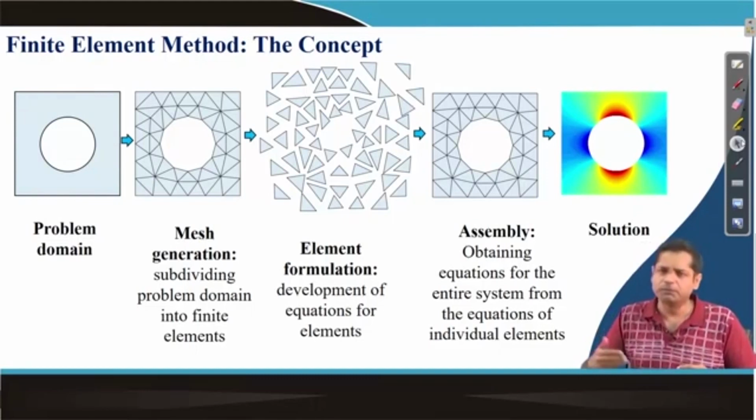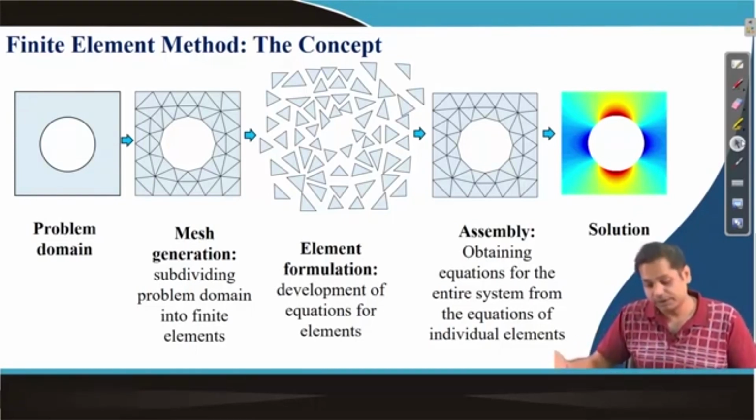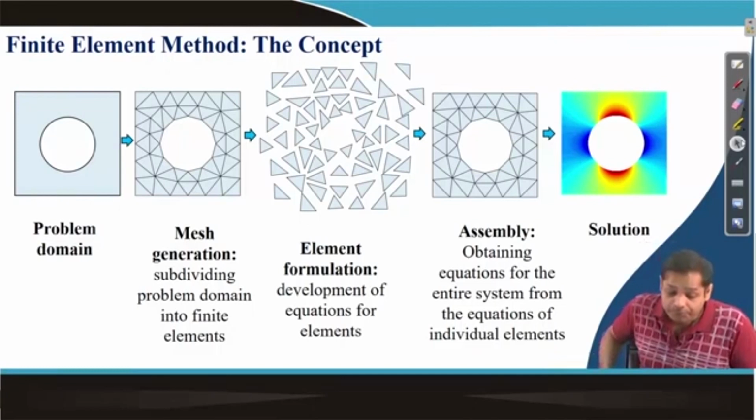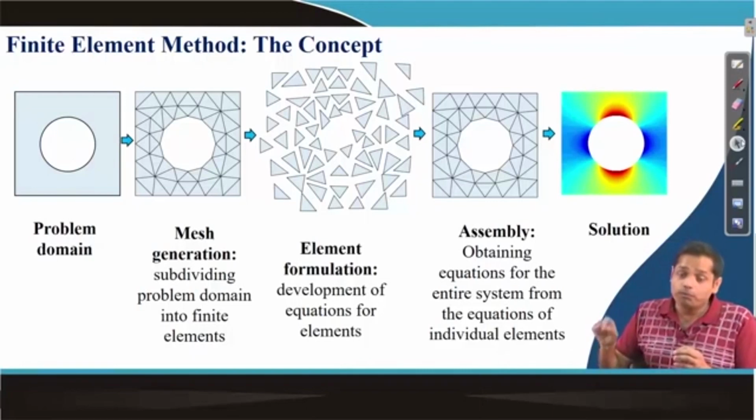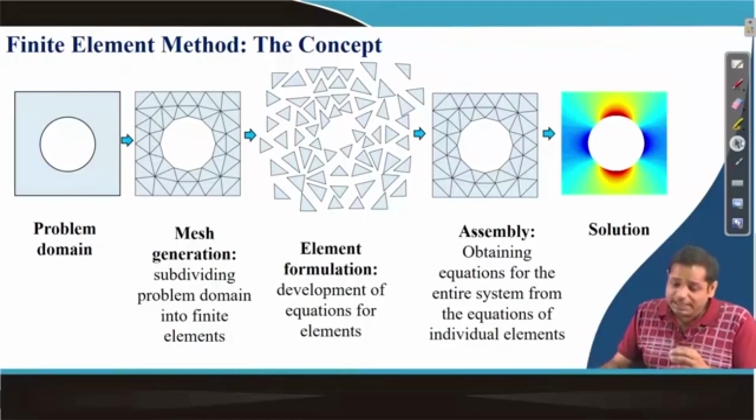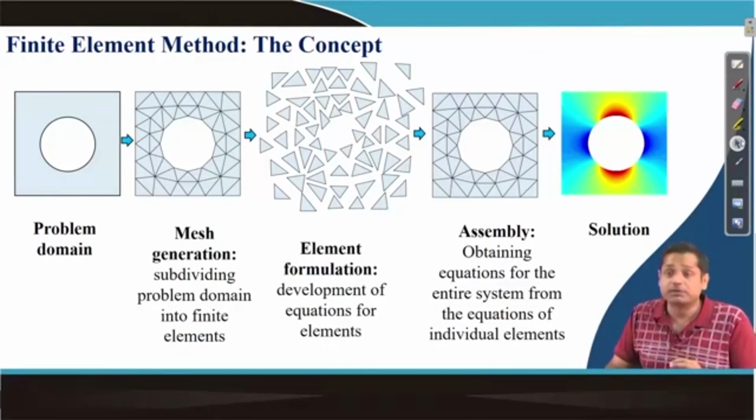We'll give you a demonstration of what the element equations are. So this step is called element formulation. This is the most important step. In fact, you will see that most of the discussion in this course will be on how to form these element equations.